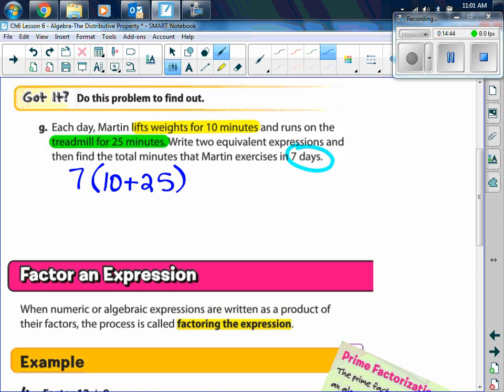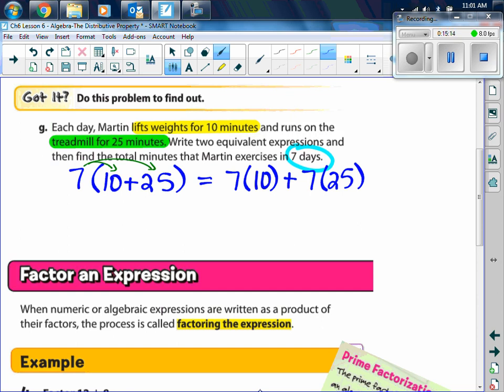So now, to write the equivalent expression, I can go ahead and take that 7 and distribute it throughout the parentheses. So the equivalent expression would be 7 times 10 plus 7 times 25. And those are the two equivalent expressions.